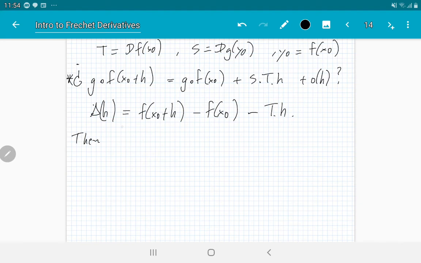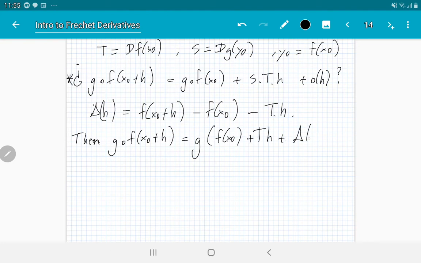Then I have that G composed with f computed at x0 plus h. What is this? So this is exactly equal to G computed at f of x0 plus th plus delta of h, right?